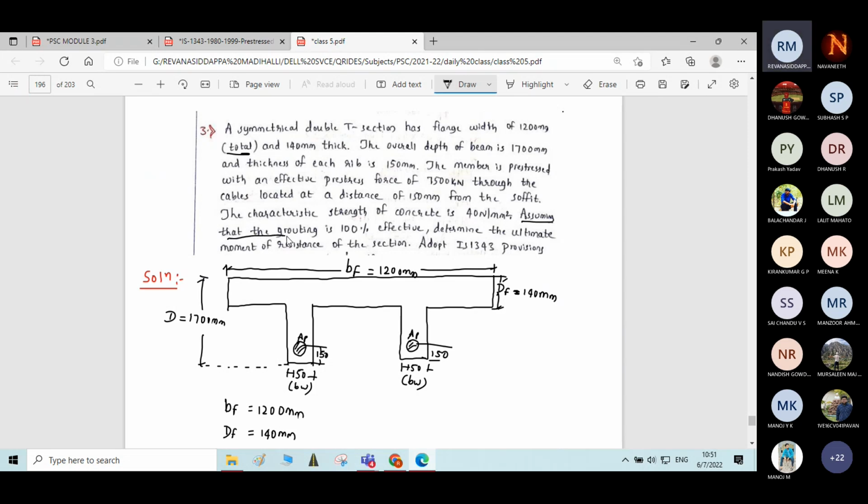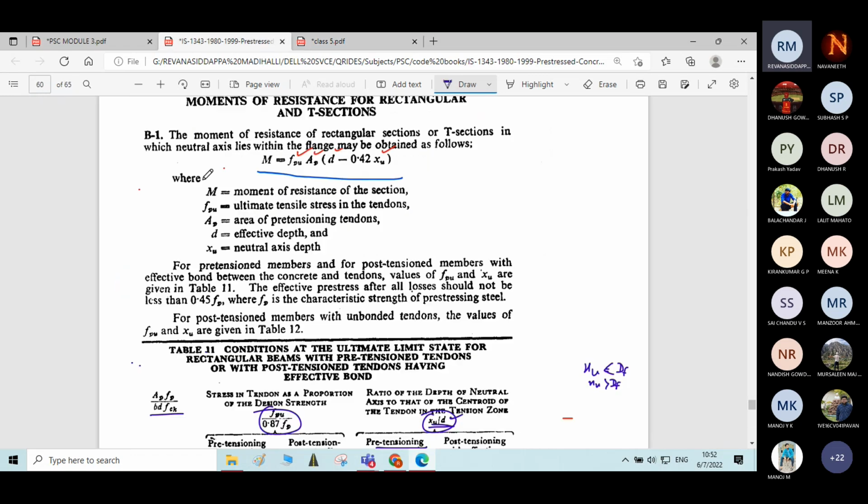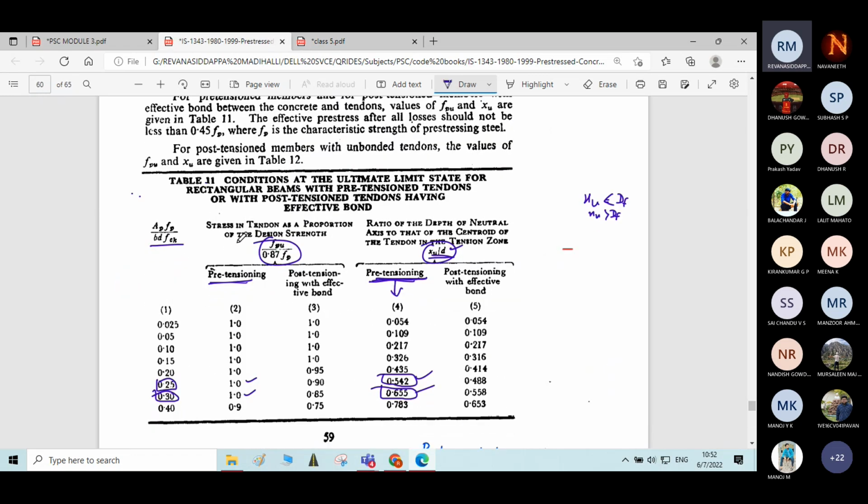Assuming that the grouting is 100% effective means the grouting is done in the duct. Grouting is done in the duct means it is with the effective bond. Indirectly he has given it here. Grouting is done is nothing but it is with effective bond only. Means you need to refer to table 11 only.